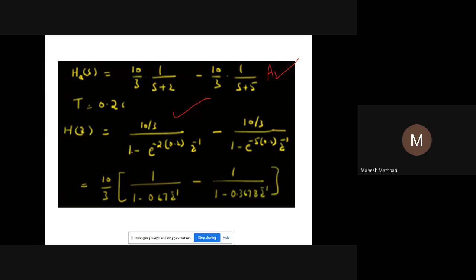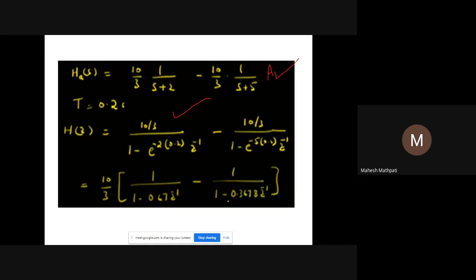Now if we simplify this, we get 10 by 3 times 1 divided by 1 minus 0.67 z inverse, minus 1 divided by 1 minus 0.3673 z inverse. So this is the conversion of the analog system transfer function to the digital system transfer function.